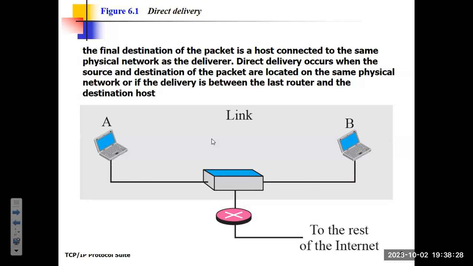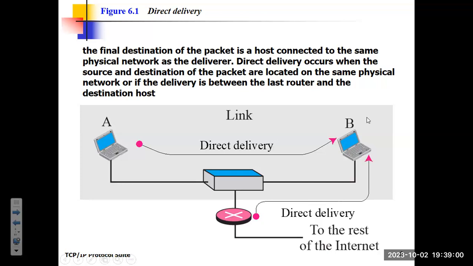For example here, let's say I'm trying to deliver something from A to B. That's a direct connection. I'm not doing it through a router. I'm just sending it directly to B.